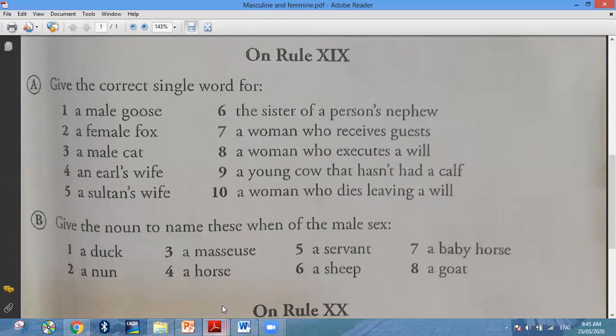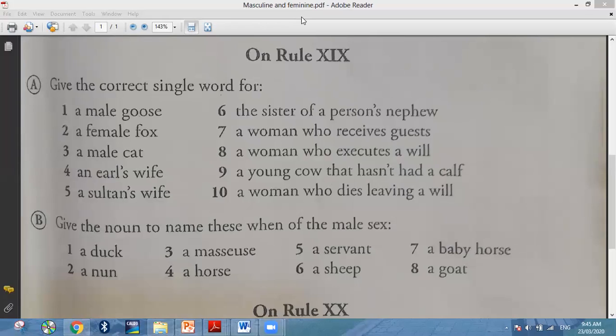Now I can show you this whiteboard and I can ask you, what is the man who has never married? Who can answer me? Raise your hand.